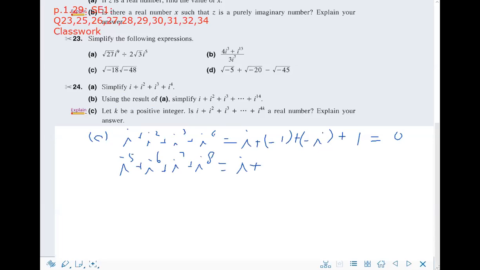That is i, and then i^6 is exactly the same as i^2, okay? And then i^7 is i^3. i^8 is i^4, that's 1, okay? And that is also equal to 0, okay? So if you have 4 consecutive powers, then the sum of them will always be equal to 0.